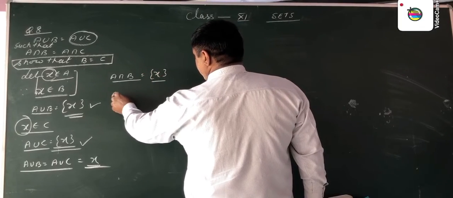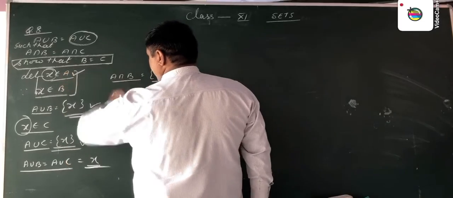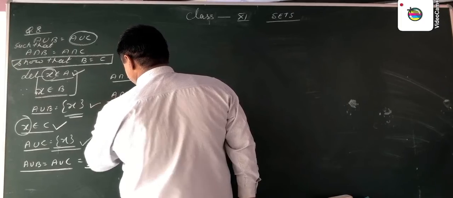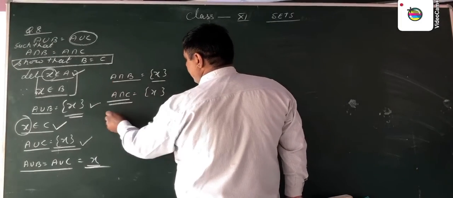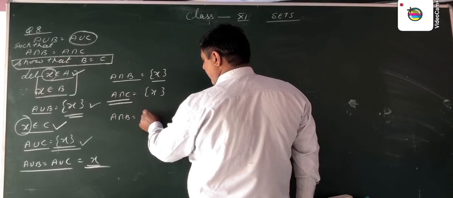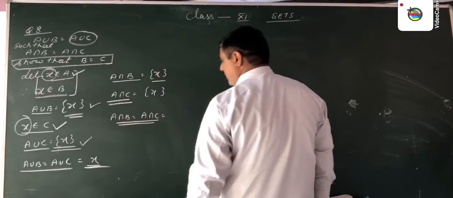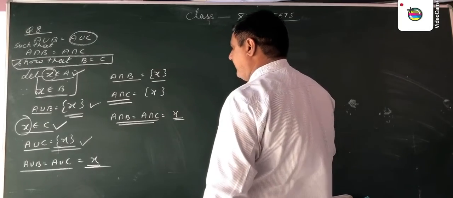Now A intersection C: x belongs to A, x belongs to C, so the intersection of these sets is also x. It is also given that A intersection B is equal to A intersection C. Both intersections are equal to x, so x is also a common element of these.